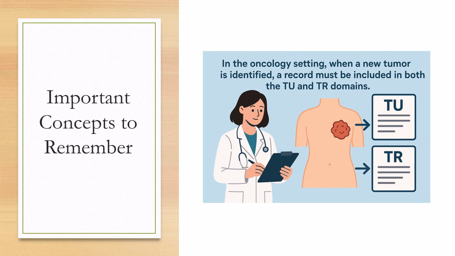In this scenario, we will have only one record in TU and one record in TR. In TU, we can create a record where the TUTEST can be tumor identification, and the TUORRES can be the value NEW, because it is a newly identified tumor.